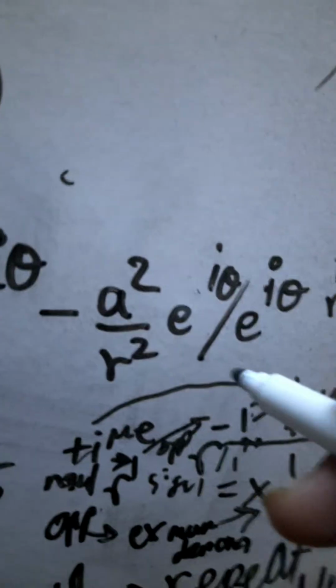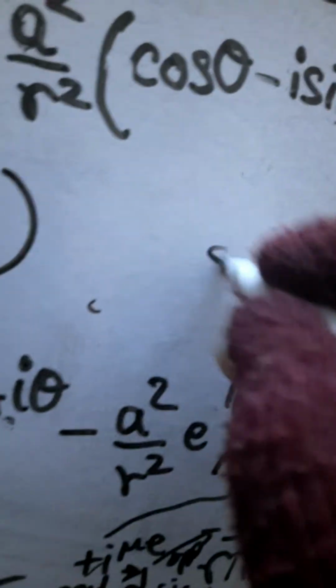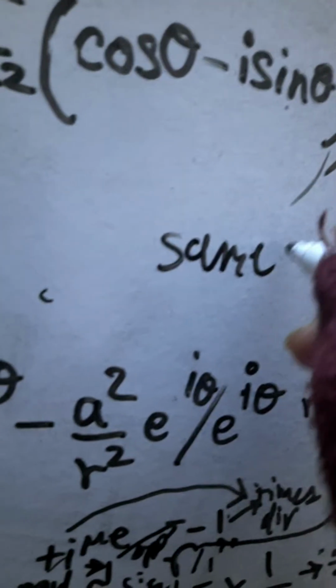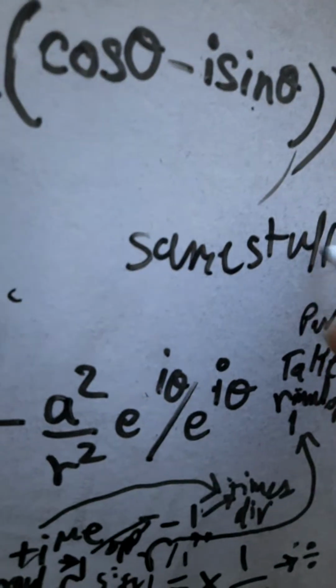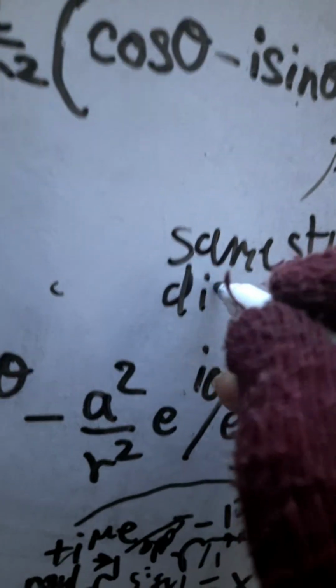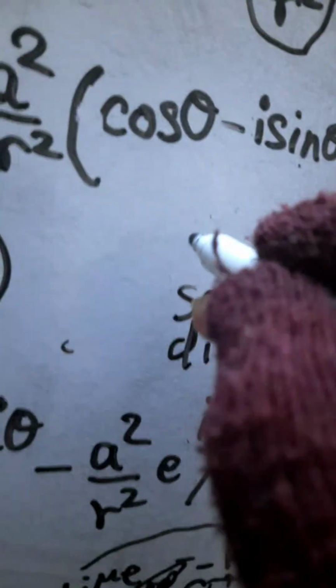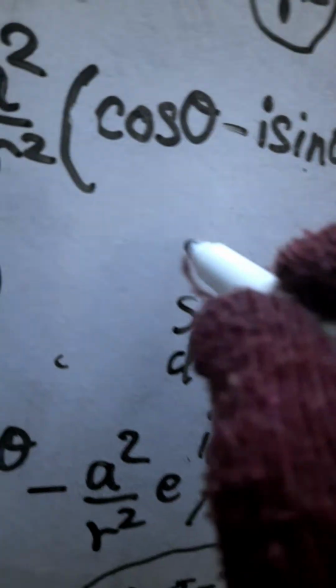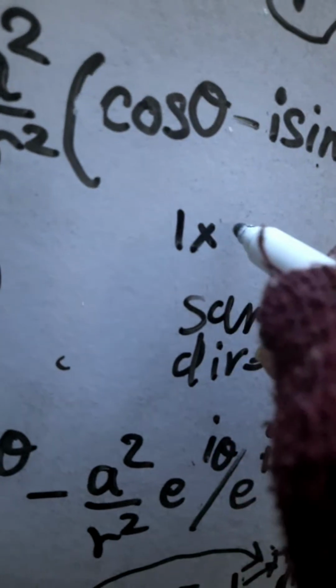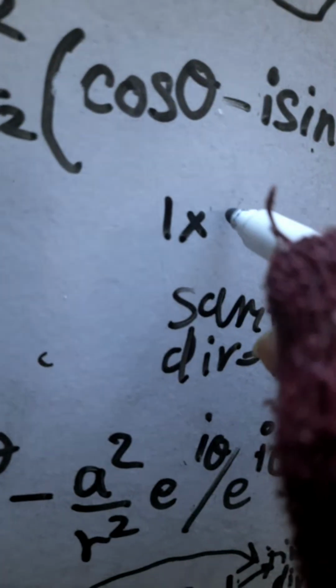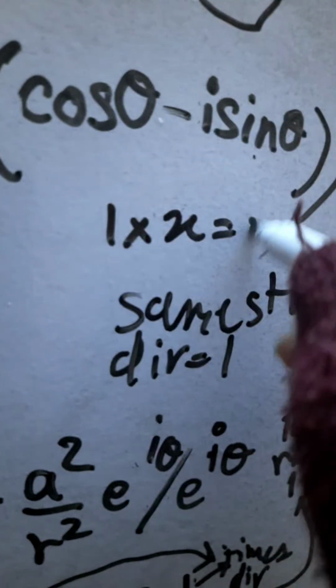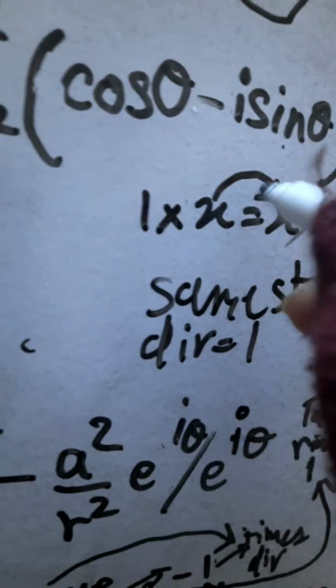So what would happen here is e raised to i theta is getting divided by e raised to i theta. Same stuff divided is equal to 1, because 1 multiplied by stuff would be the same stuff.